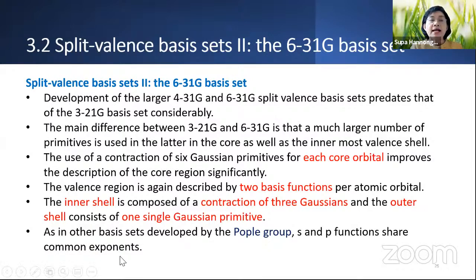The most important thing I would like to mention is that this kind of split valence basis function, 3-21G or 6-31G, was developed by Professor Pople. We sometimes call it the Pople basis set, the Pople basis function.